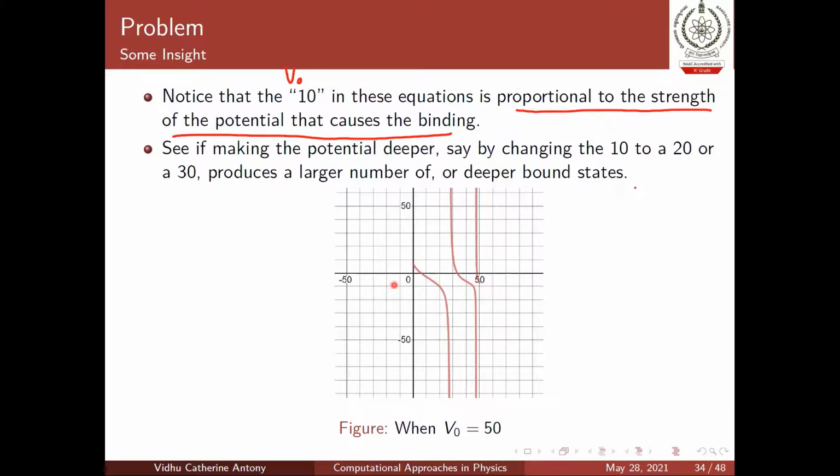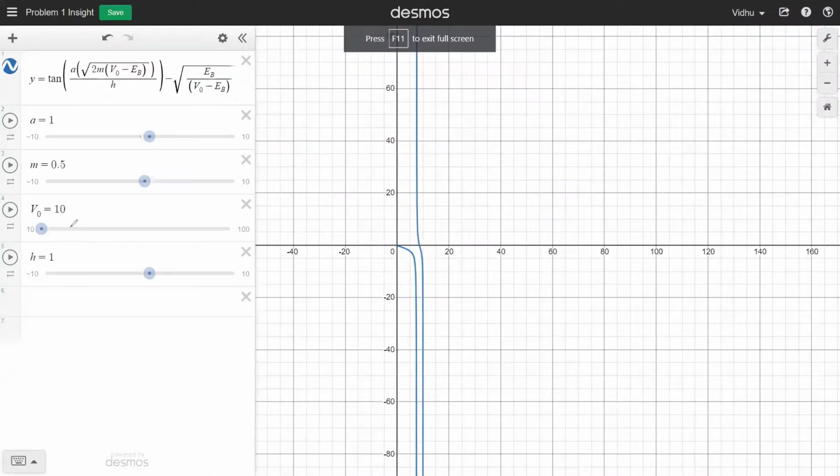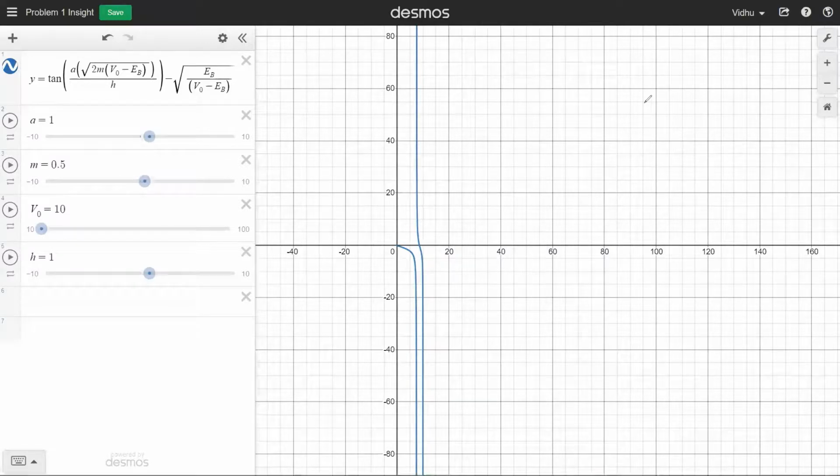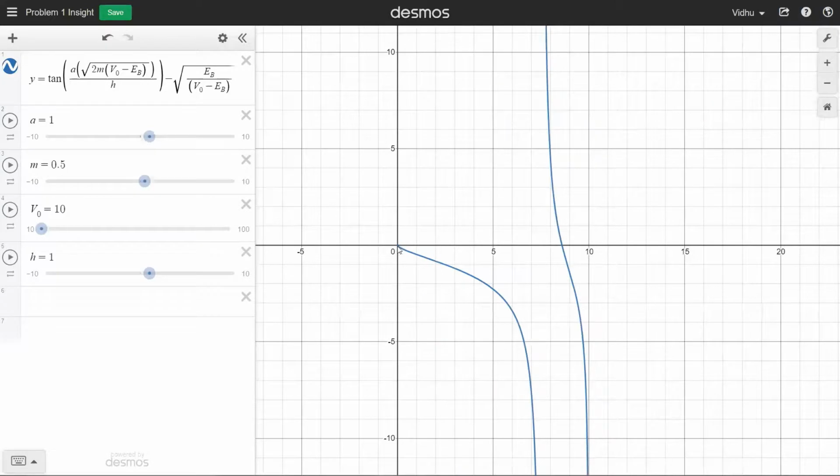Okay, so what I want to do now is switch over to an animation. So we looked at V naught equal to 10. Let me just get my mouse here. Okay, so we looked at V naught equal to 10, and what did we find when we enlarged this particular thing?